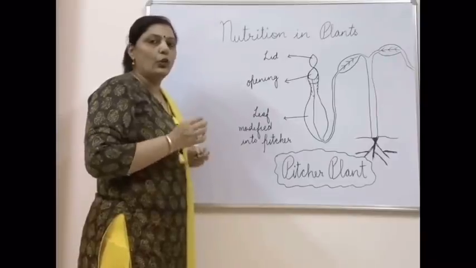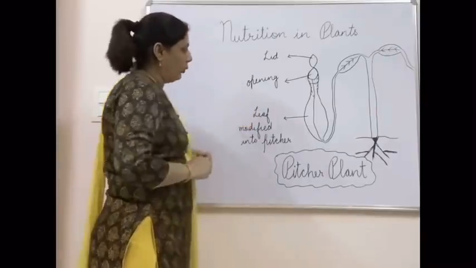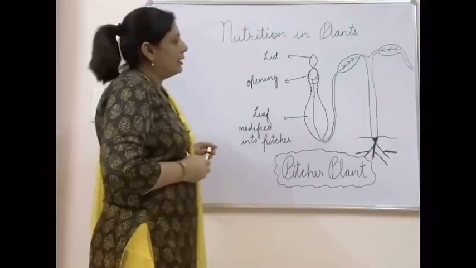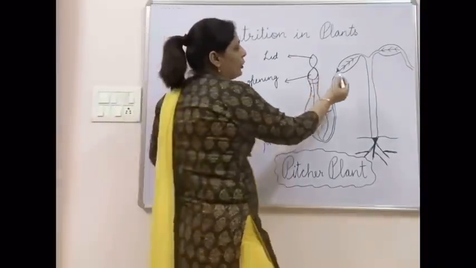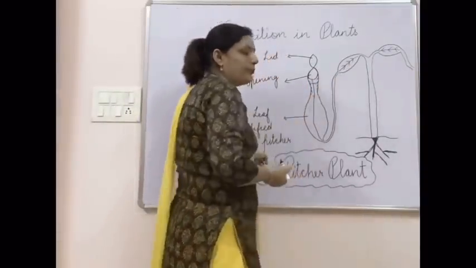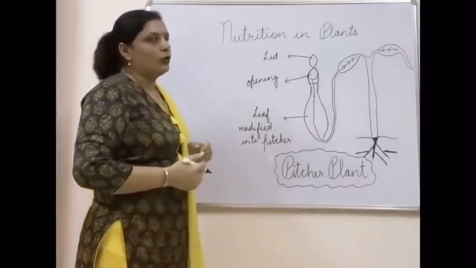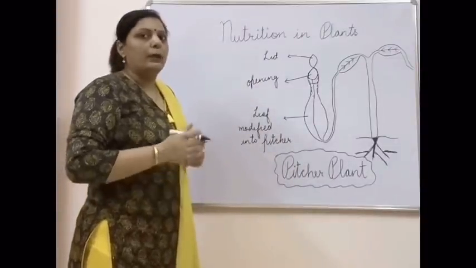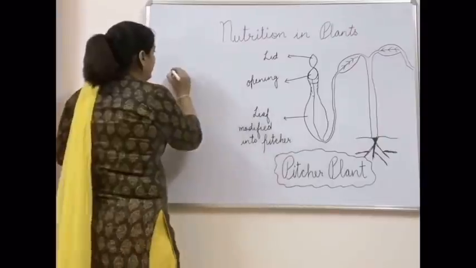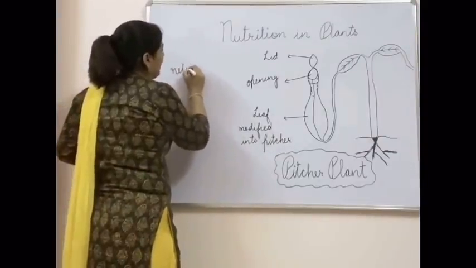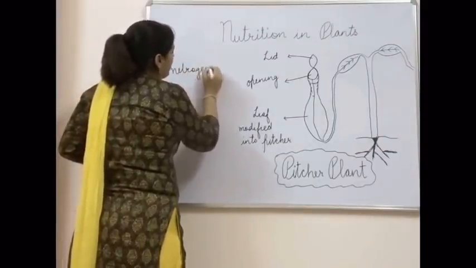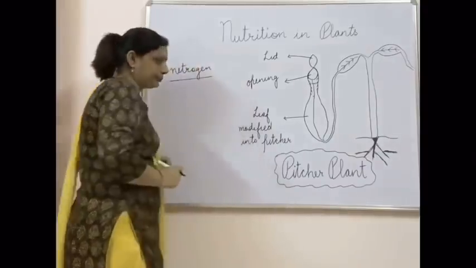It has no mechanism to escape. So this plant can show an autotrophic mode of nutrition because it has leaves which have chlorophyll. But to fulfill the requirement of nitrogen, it carries out the insectivorous mode of nutrition also.